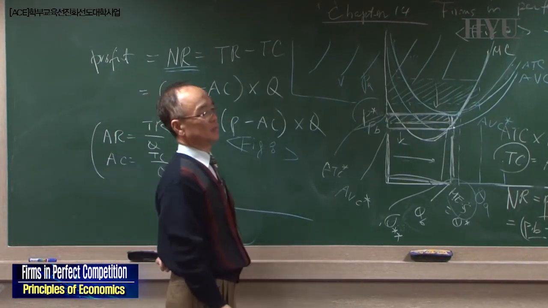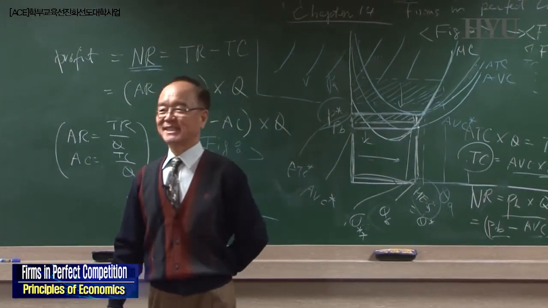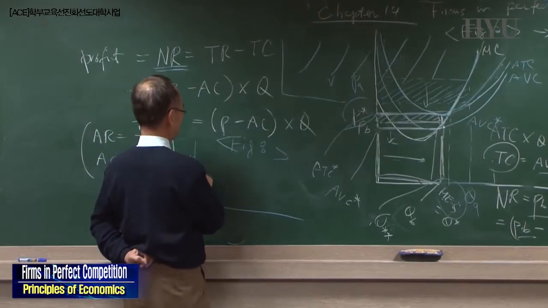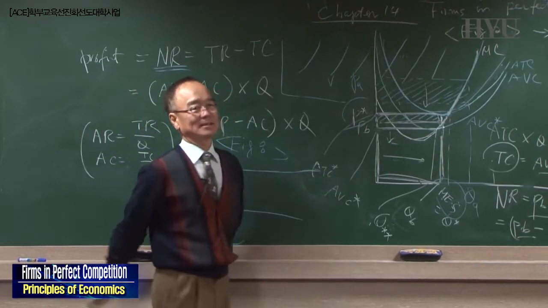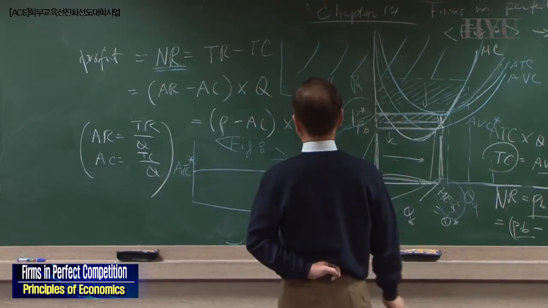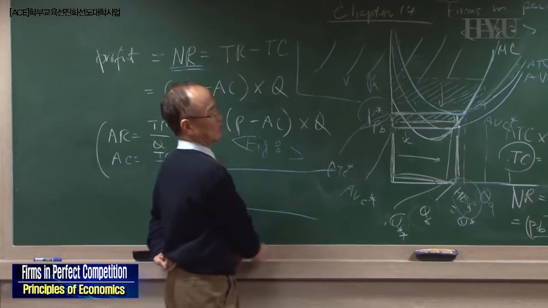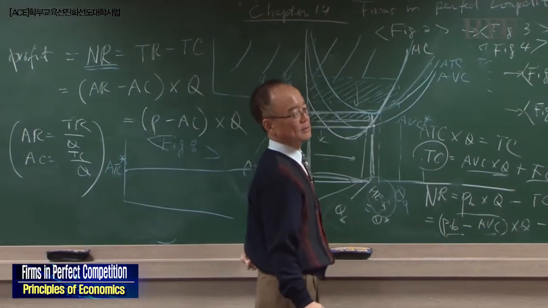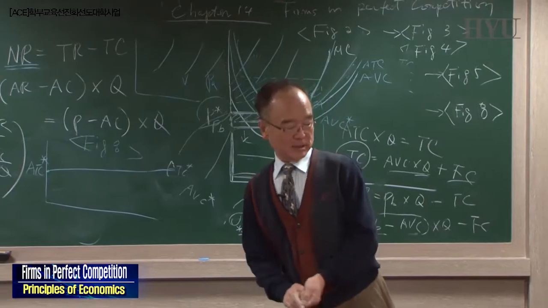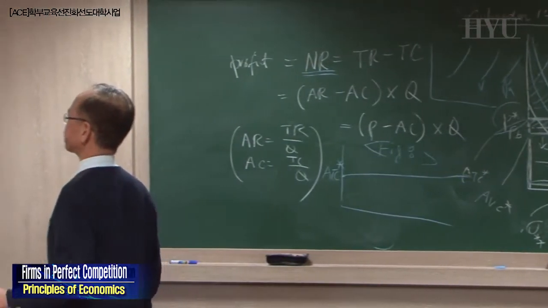ATC star means the ATC at the minimum efficient scale. This is the long run supply curve to the market. So it's simple to understand, right? One more time, because this is kind of repetition of what we have discussed so far. So not so serious difficulty for any of you.